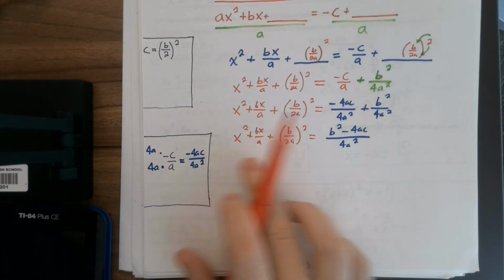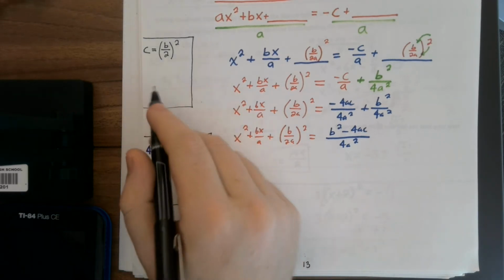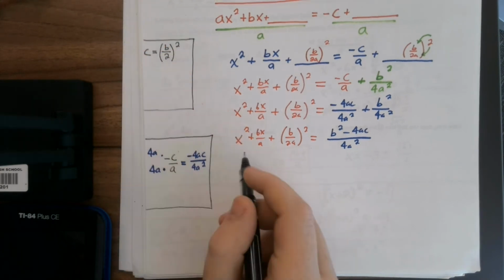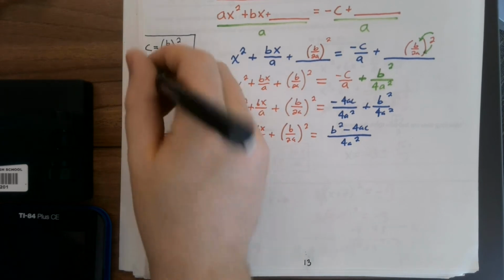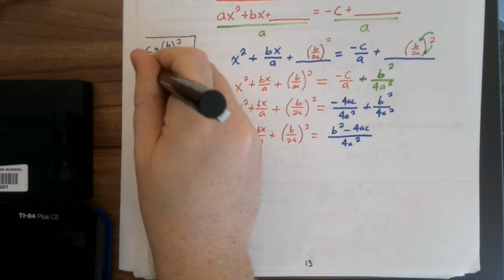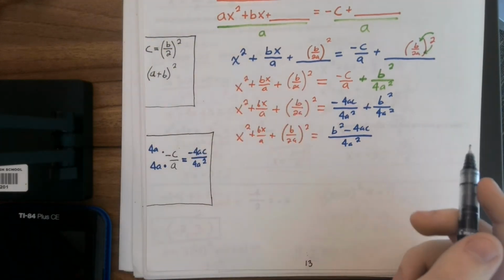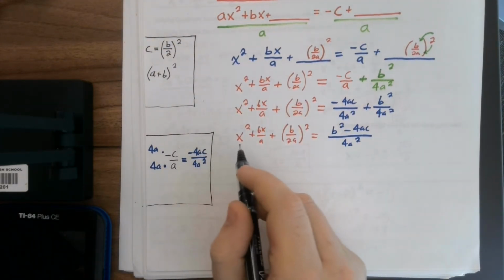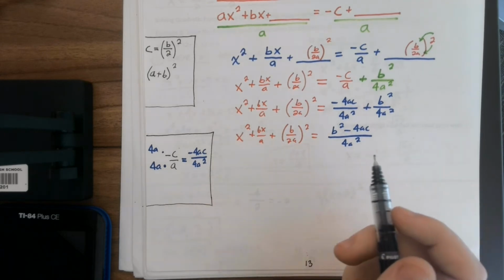Next up, we want to take care of this left side and make it a little more simple for ourselves. How do we do it? Well, do recall that anytime we're completing the square, we really want to factor this left side as a plus b squared. It's just the square root of your first term plus the square root of your second term squared.